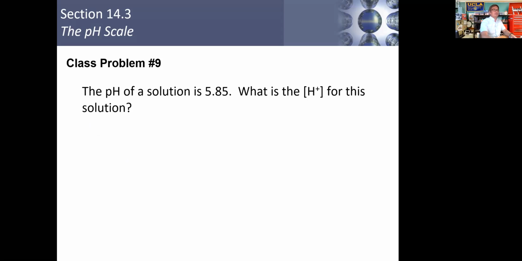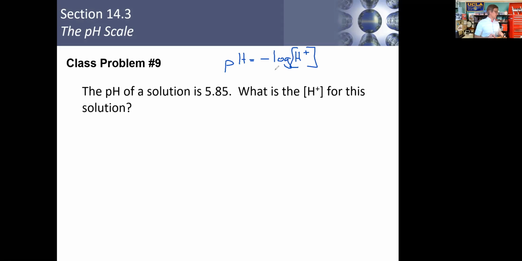We know that the pH of a solution is equal to the negative log of the hydrogen ion concentration. So what we need to do is let your calculator do the work, you guys.